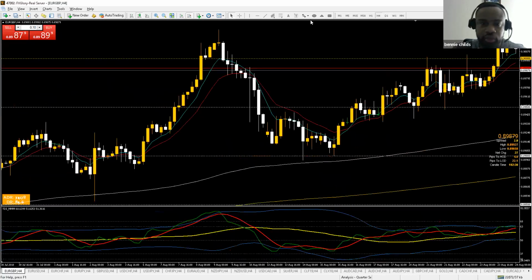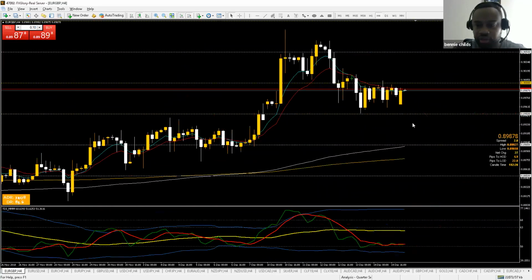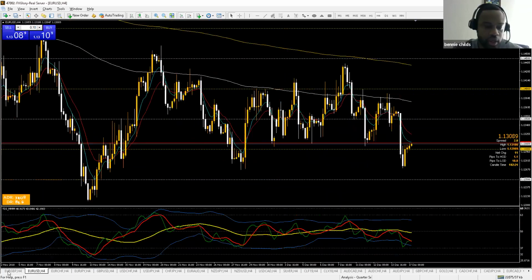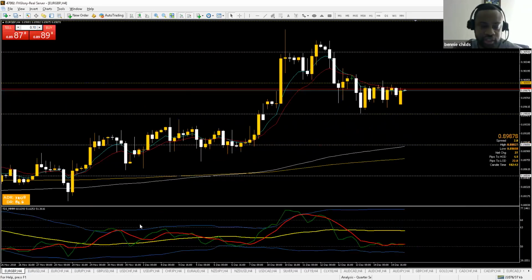So basically what I want to do is go through here and see if we have any setups, just to help you guys out with eyeballing this stuff. We're going to quickly go through, and it doesn't take long to scan these. So we're taking a look at the EG.